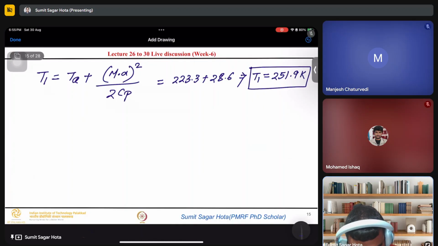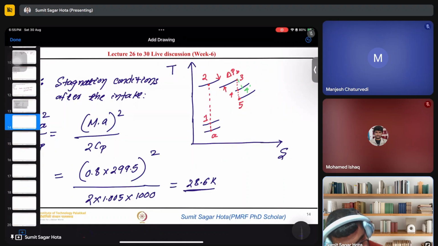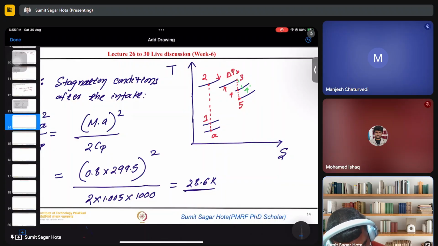One thing you should also assume is that whatever this P5 will be, it is equal to the ambient pressure, because nothing is given.